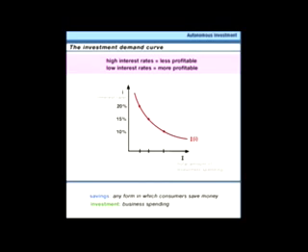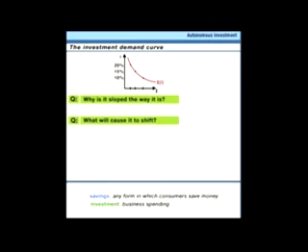Now, anytime I draw a curve in economics, you should ask two questions. Why does it slope the way that it does, and what would cause it to shift? The slope here is due to the inverse relationship between the interest rate and the profitability of business investments. So when the interest rate falls, businesses will undertake more projects because they become profitable.